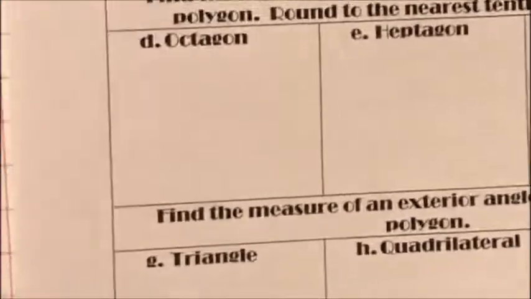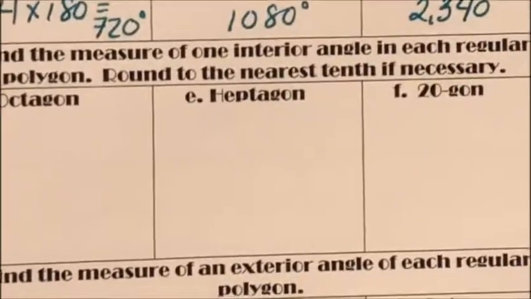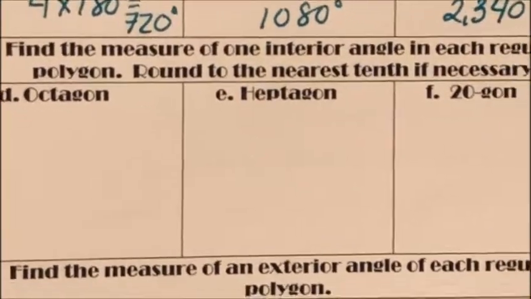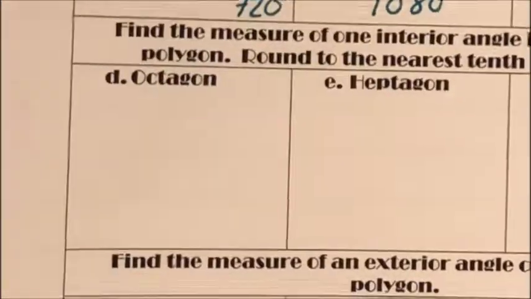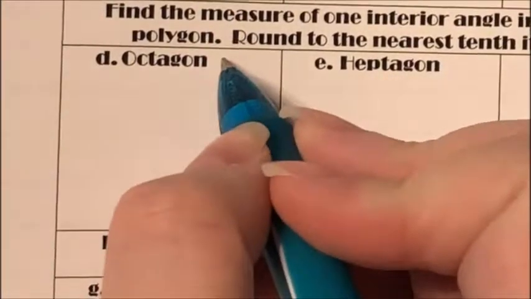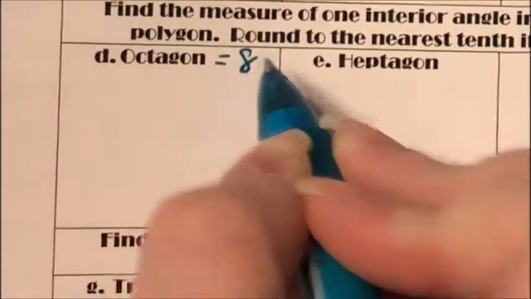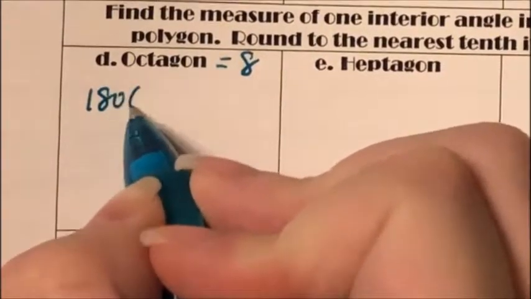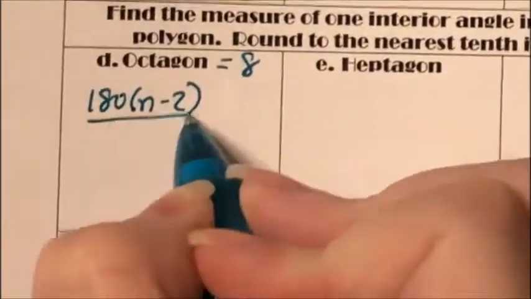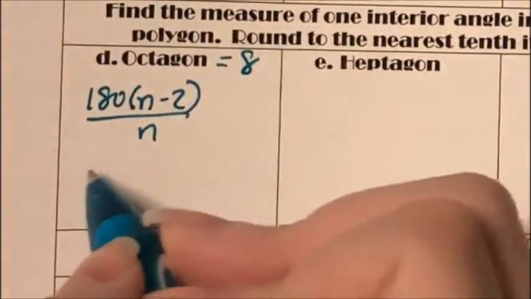Letters D, E, and F say find the measure of one interior angle in each regular polygon. Round to the nearest tenth if necessary. The first one I have is an octagon. An octagon has 8 sides. So my formula is 180 times n minus 2, divided by n.